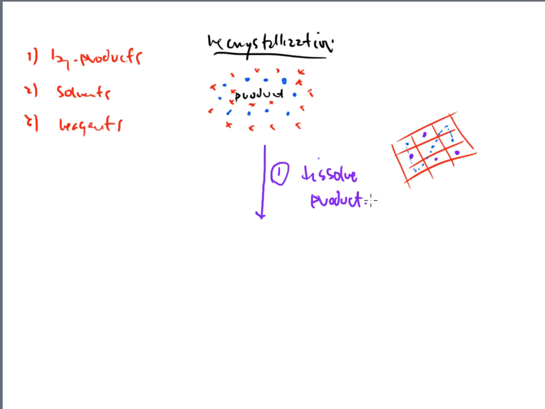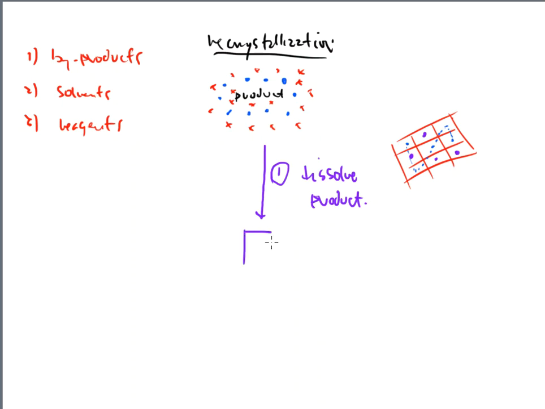I begin to filter it, and I get this product on a filter paper, and I have to dry it to get a mass so I can report that mass. And then I have to recrystallize. That means I have to dissolve that all over again. I don't do the reaction again, but I dissolve it. So I completely put these crystals in solution.